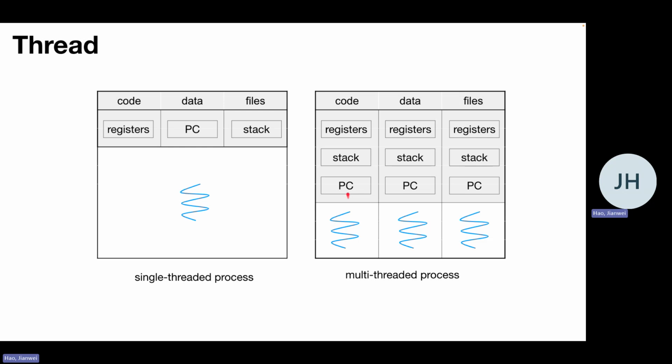Each thread has its own resources, like registers, stack, and the PC, program counter. But they also share the code, the data, and the files. And this is called the TCB, just like the PCB, and each thread has its own TCB.